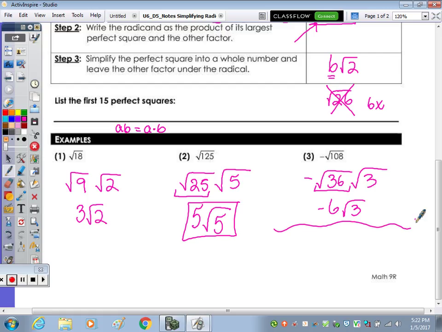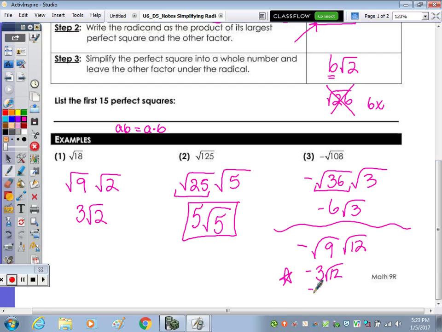Now what if you didn't pick the largest? Okay, 108 is also divisible by 9, which is a perfect square. So say you broke it down into 9 and 12, and you get negative 3 radical 12. Now those decimals are equivalent, but this is not in simplified form. So you can use the 9, but you'd have to break it down more than once.